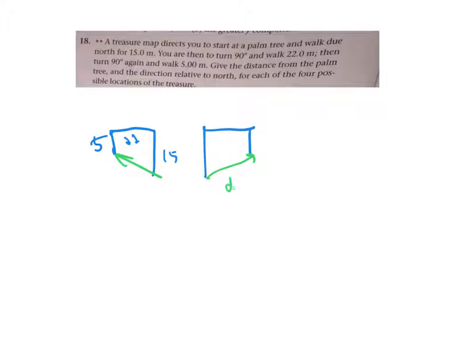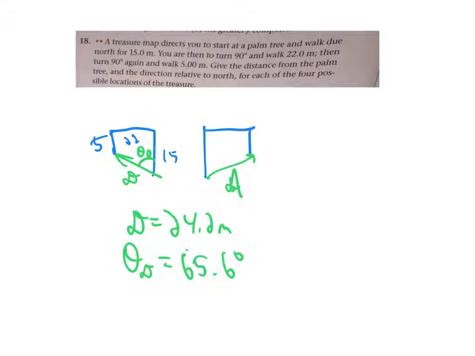And therefore, this was vector A, and vector D has to basically be the same magnitude but pointing to the west by the same angle that A pointed to the east, which means we can just jump to, by symmetry, saying that D is 24.2 meters, and theta sub D is 65.6 degrees. And that's it. Those are our 4 possibilities, and there are answers for all of them.